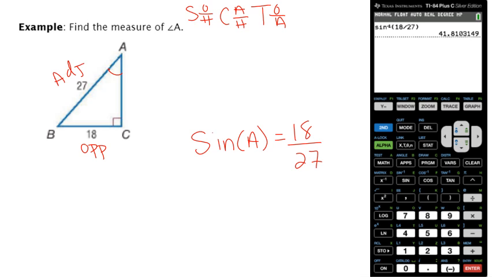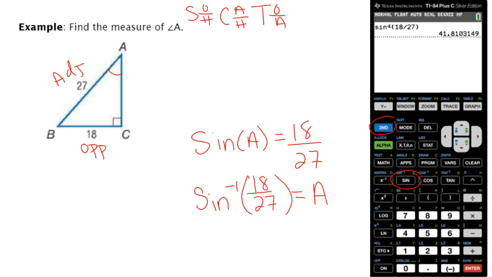So we have to look up in our calculator the sine of what angle is 18 over 27, or 2/3, which is what that would reduce to. So we have to use our inverse here. In our calculator, instead of hitting just regular sine, you would hit second and sine.